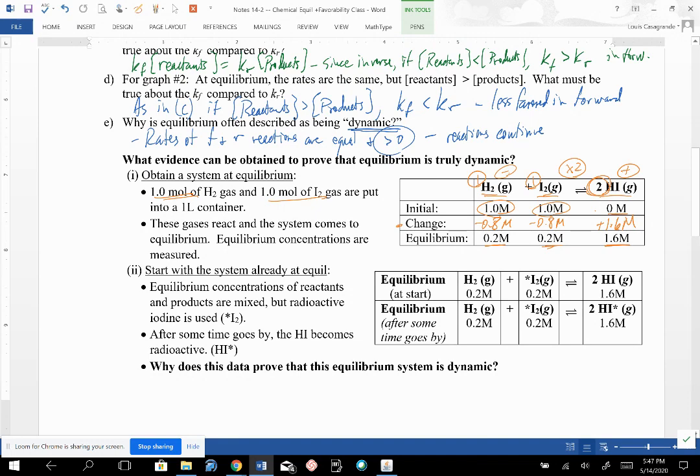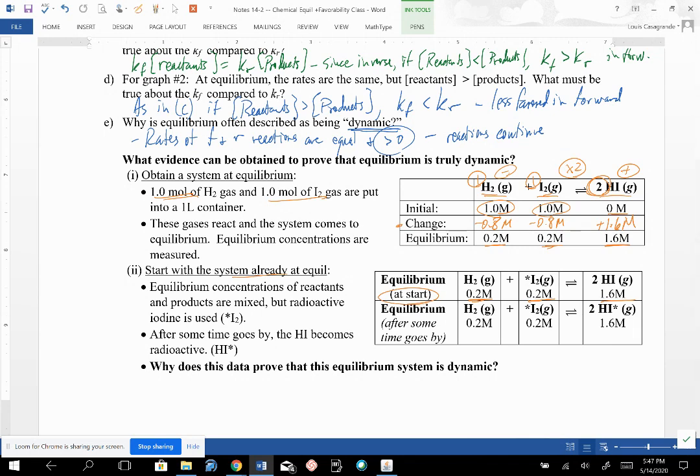Now, suppose instead of starting off with only reactants, we start off with a system that's already at equilibrium. So we're going to put in at the start our equilibrium concentrations. We're going to have 0.2 molar H2, 0.2 molar I2 and 1.6 molar HI. So you're starting off at equilibrium.